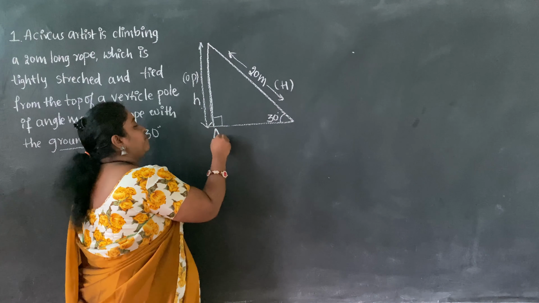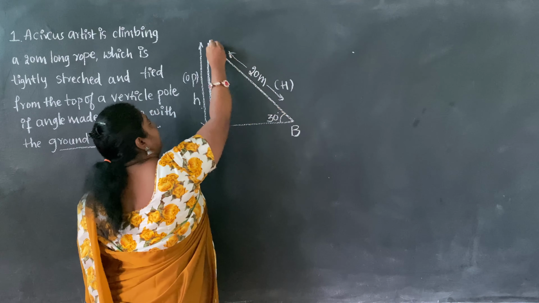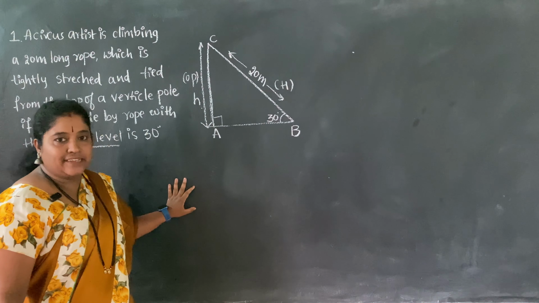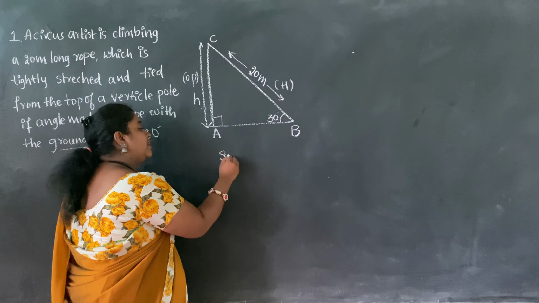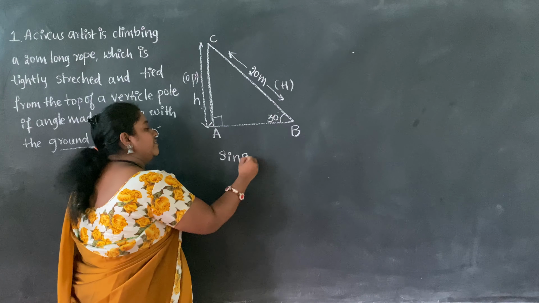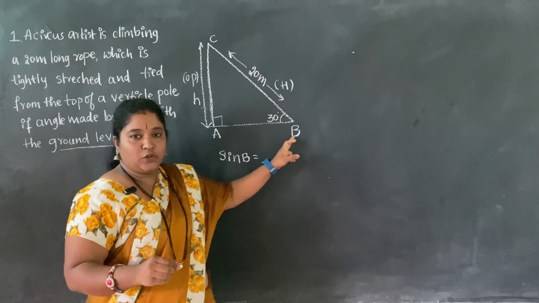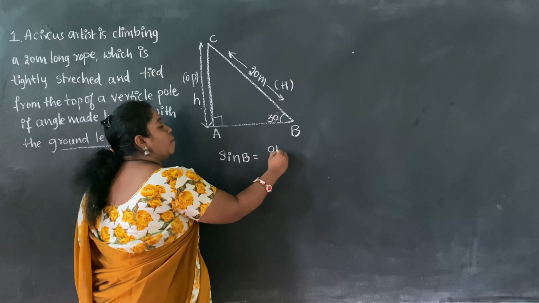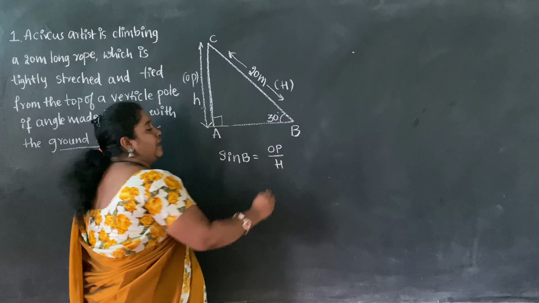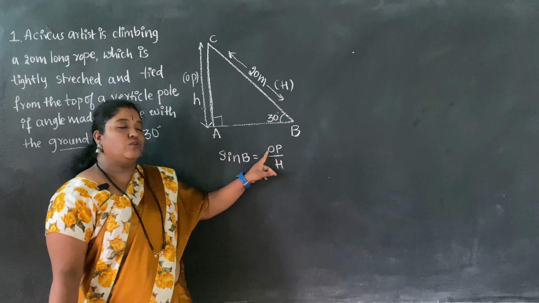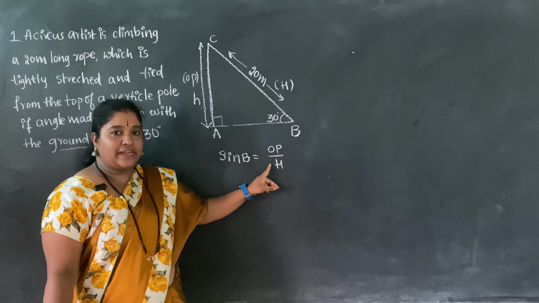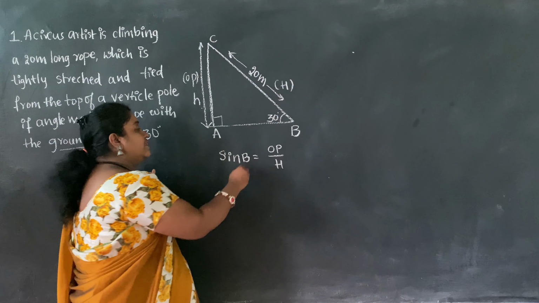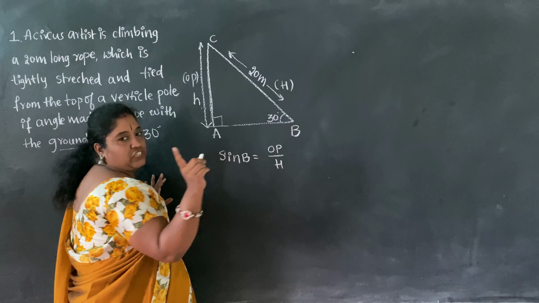Suppose I name the triangle as ABC. Now what I'll be writing here? Sine B is equal to opposite side divided by hypotenuse, because they are talking with respect to B, right? Now sine B, B is given as how much? 30 degree.